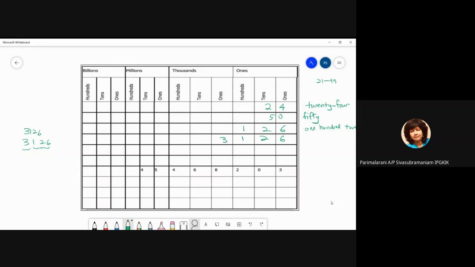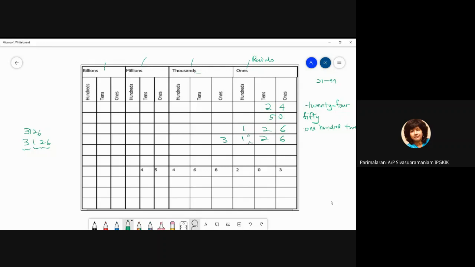The first group is called the ones. The second group of 3 is called thousands. The third group of 3 is called millions, then billions, and so on. These are known as periods. So we divide numbers into periods to enable us to read the number easily. So this 3 is thousands. So we read three thousand, one hundred and twenty-six.